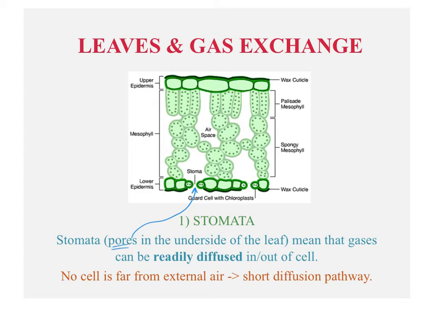But the stomata, the pores, means that gases can come into and out of the leaf really quickly, really easily. And because of these stomata, when we start looking at in the next slide at all of the air spaces, it means that no cell is particularly far from that external air, which is only going to emphasise that short diffusion pathway and make the movement of gases a lot more smooth, easy and effective.